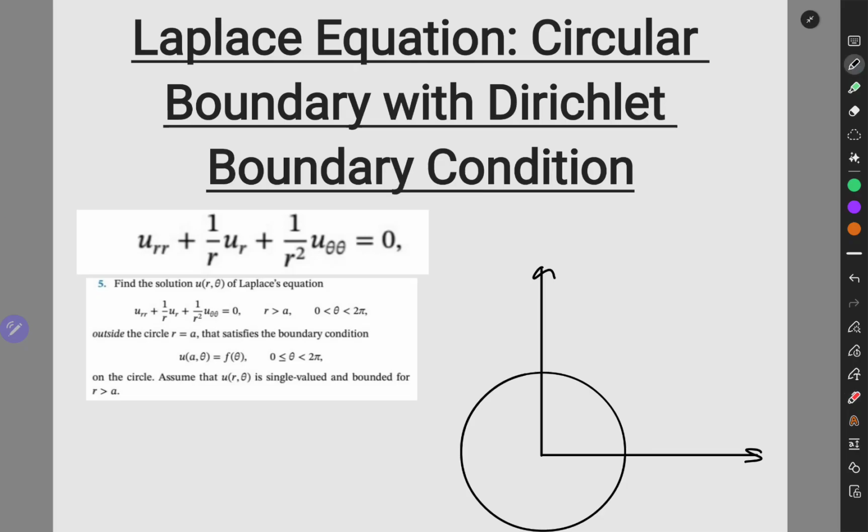So what we're looking at here, of course, is a circle, so we're looking at polar coordinates, which consist of r, the radius, and theta, the angle of the positioning on the circle.